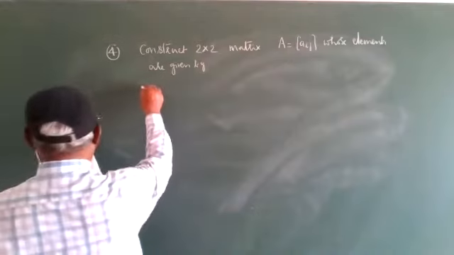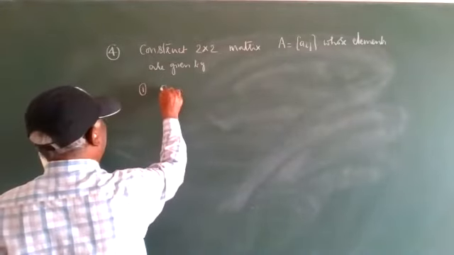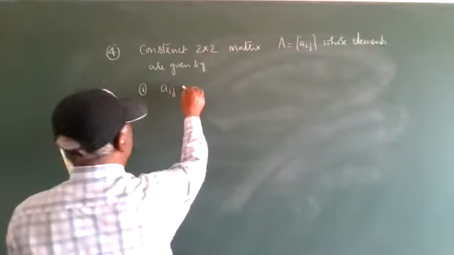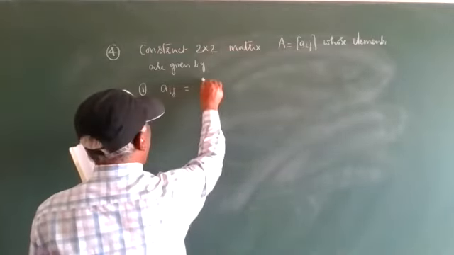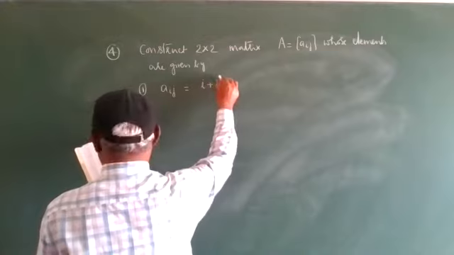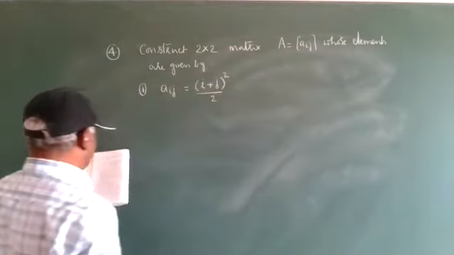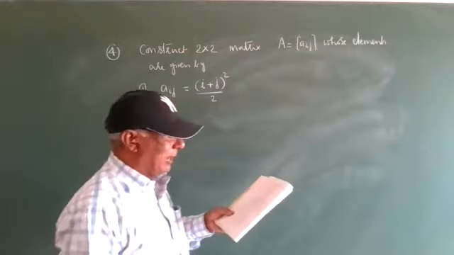The first bit is given by Aij, the general element, equal to (i plus j) whole square by 2. The second and third bits are also given.